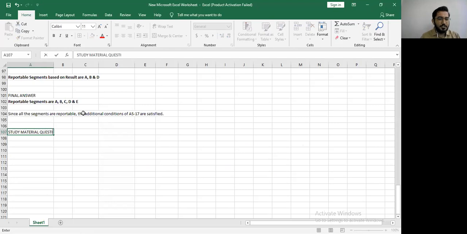Study material question, page 3.144. Illustration 1.